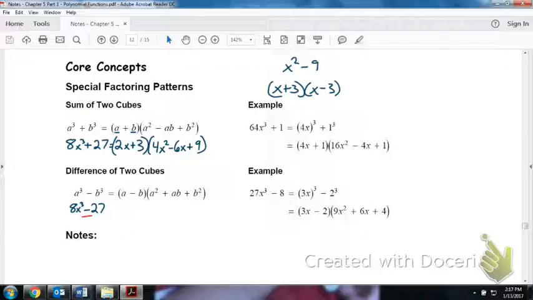So here we go. This equals the cube root of 8x cubed, which is simply 2x. Minus the cube root of 27, which is 3.